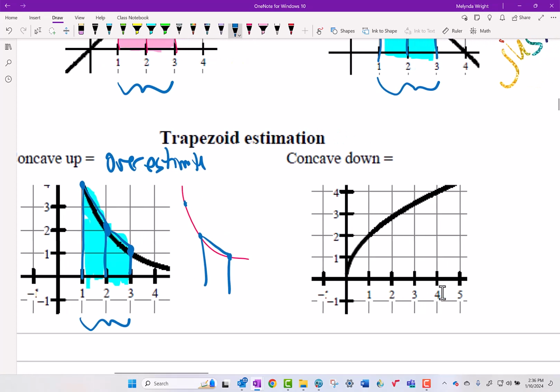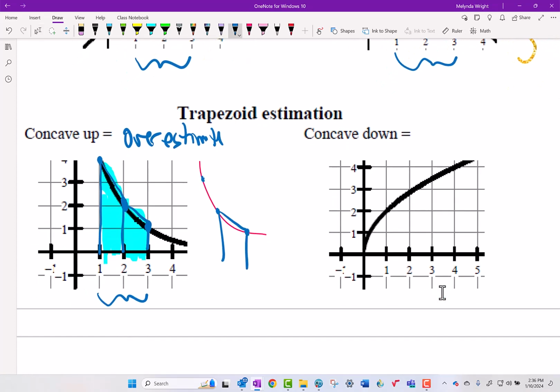And if the curve is concave down, let's go 2 to 4. Why not? Let's do that. Actually, it'd probably be better to do 0 to 1. That would be a little bit better. Let's do this approximation. So I would have this curve, and we're looking here, which doesn't even really look like a trapezoid.